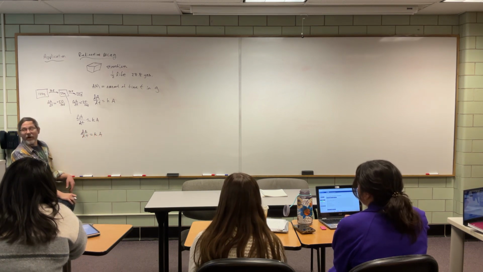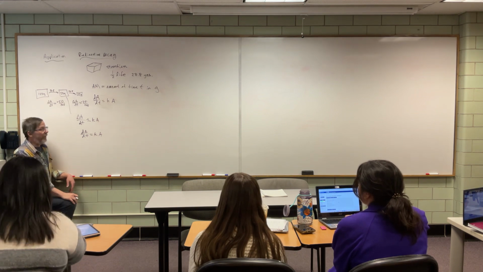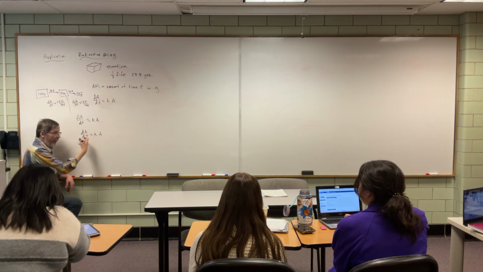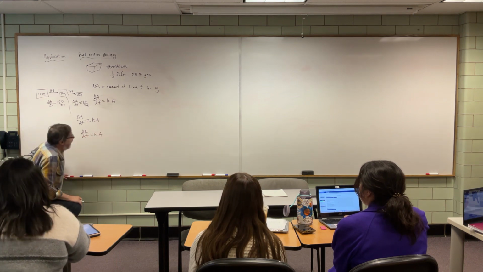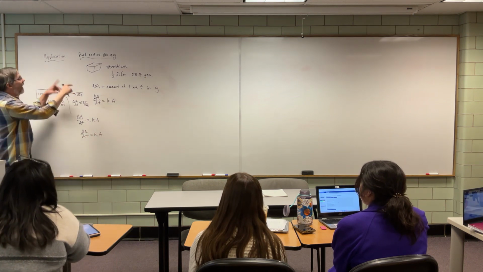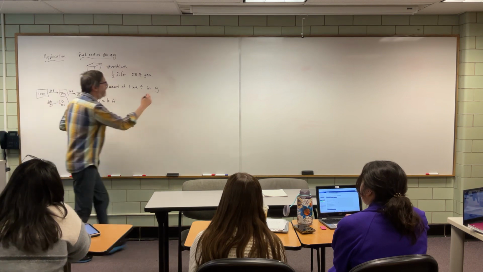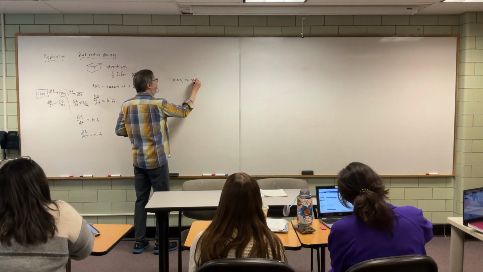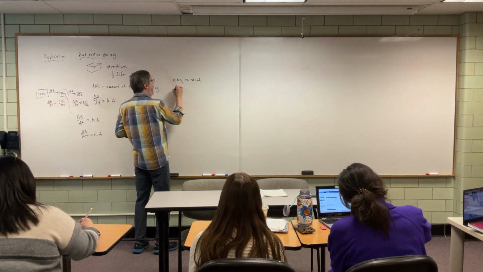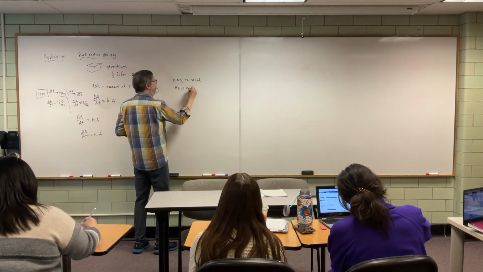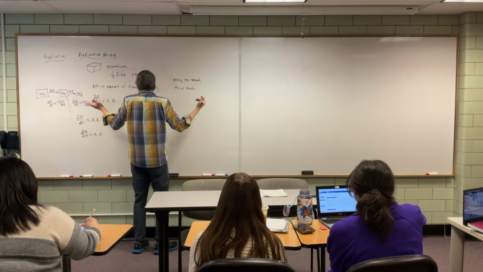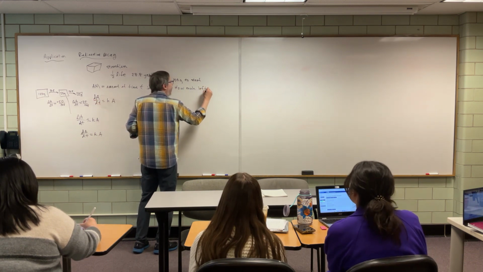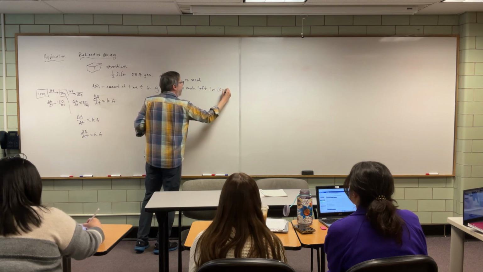That was the thought process behind it: the rate of change is directly proportional to the amount you have. So let's say we have 100 grams to start. I know how much I'll have left in 28.8 years, but how much is left in 10 years?